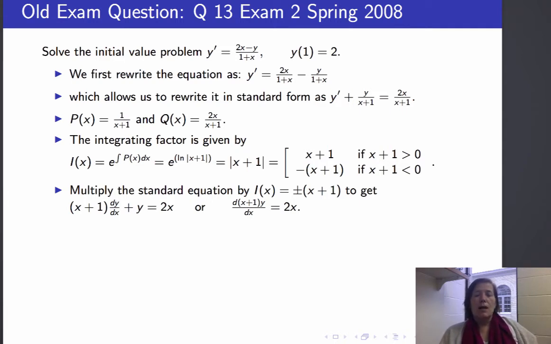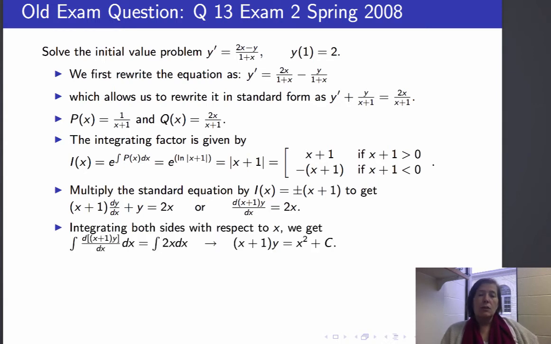So let's just multiply our equation by x plus 1, and we get (x plus 1) times dy/dx plus y is equal to 2x. And remember, the left-hand side is going to collapse to the derivative of the integrating factor times y with respect to x, and the right-hand side here is 2x.